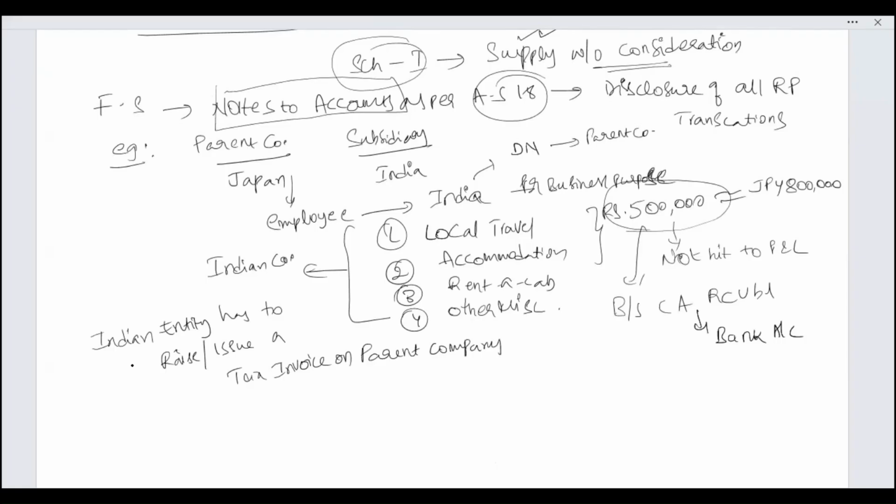Now, what is the consideration? This 5 lakhs, whatever they have spent, becomes the quantification. That is your value of supply. We need to refer to Section 12 or Section 13 of the IGST Act to identify the place of supply. My understanding is that under Section 12, the place where these services are provided will be the place of supply, where CGST and SGST have to be charged.